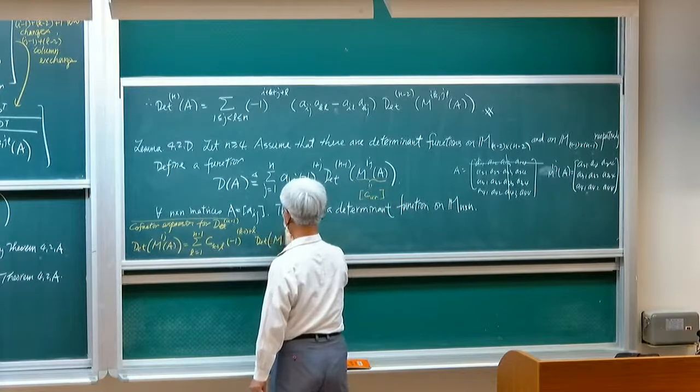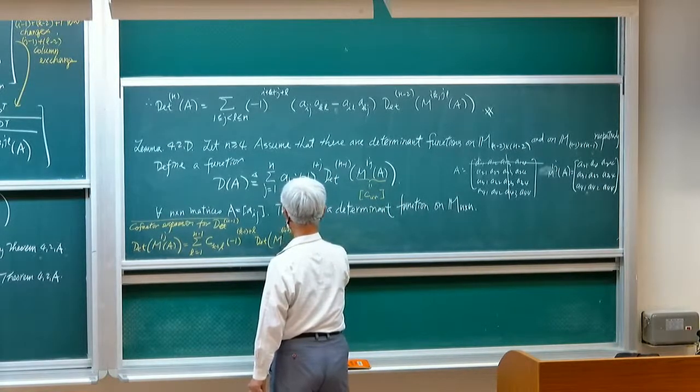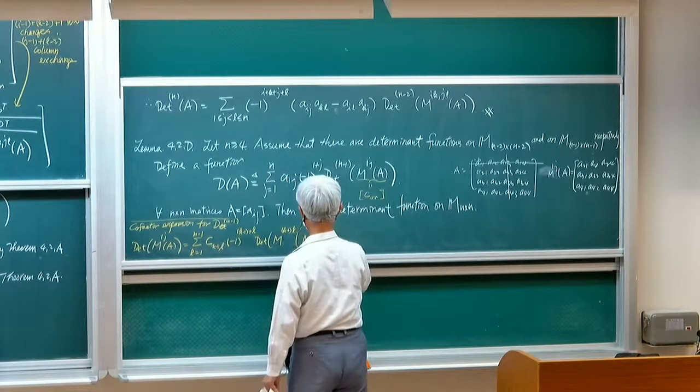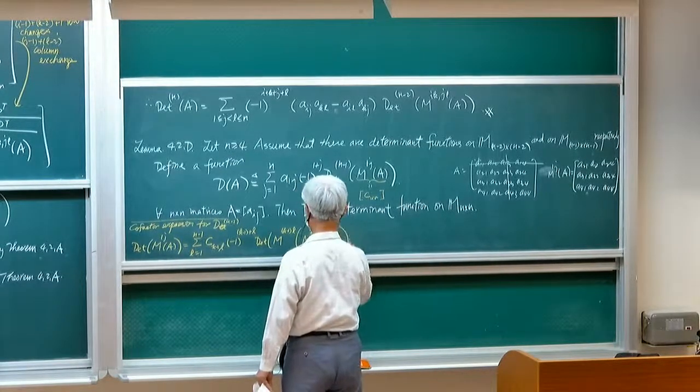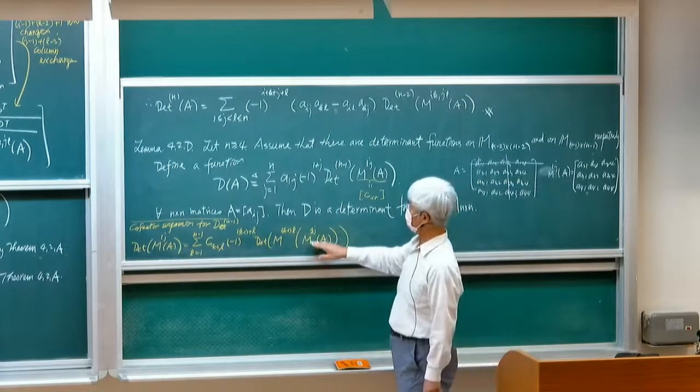So this will be K minus 1 and L of M1JA.